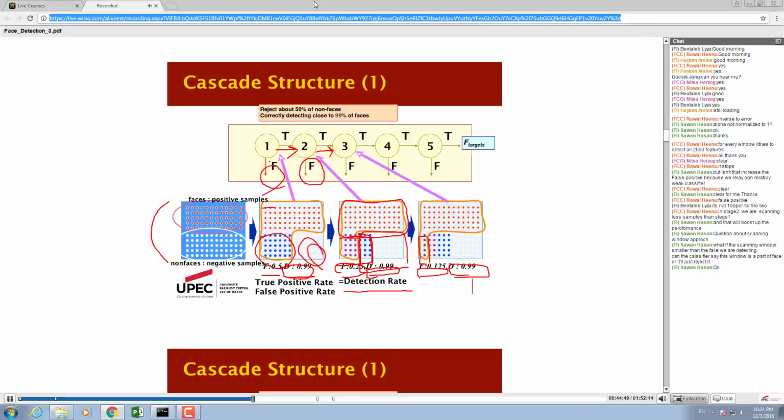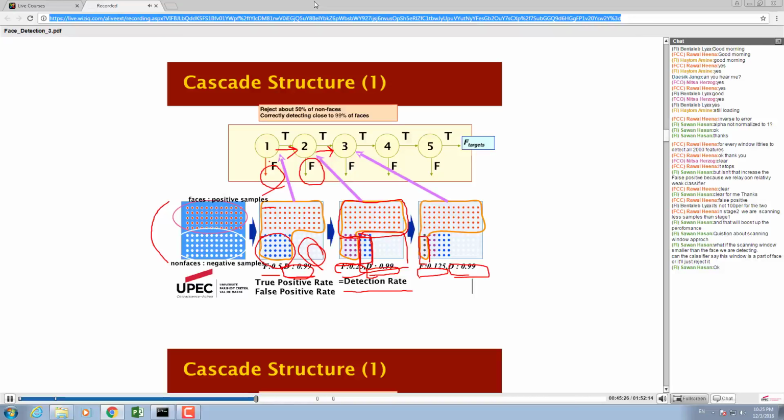We are processing all the stages just for real true face windows. Is that clear? That's why this cascaded process is much faster than just one simple strong classifier. Any question? So this is the basic idea and structure of the cascade.